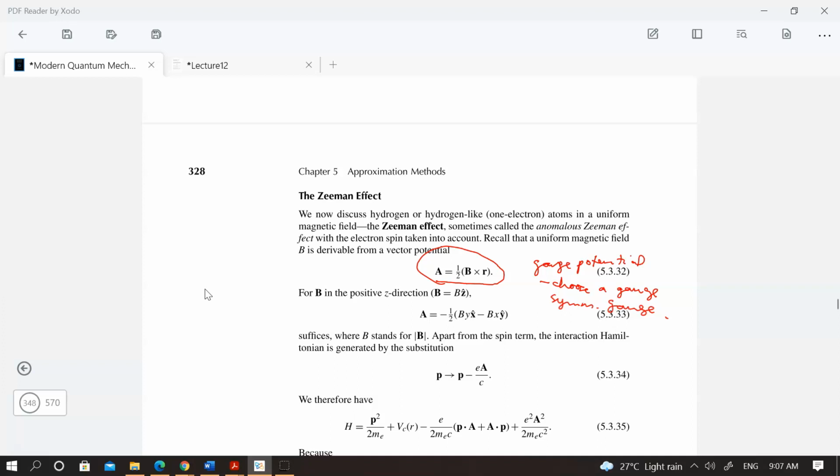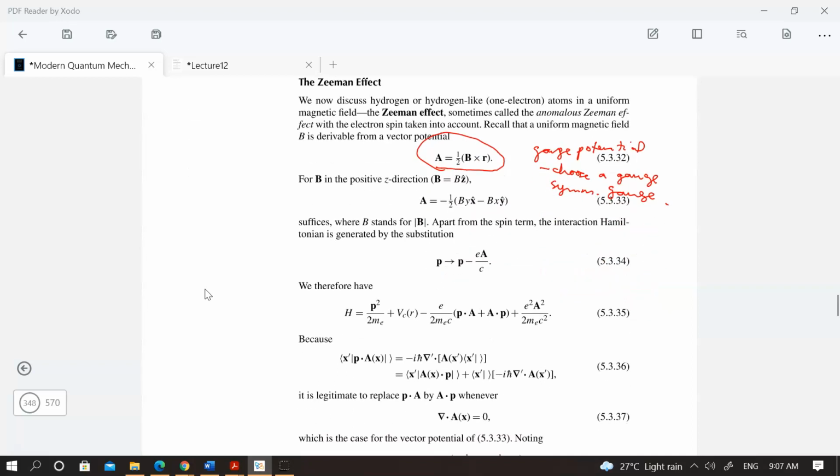We have to apply this to your Hamiltonian. Here remember this is your previous H naught, and this will be the new term coming in through your gauge potential.